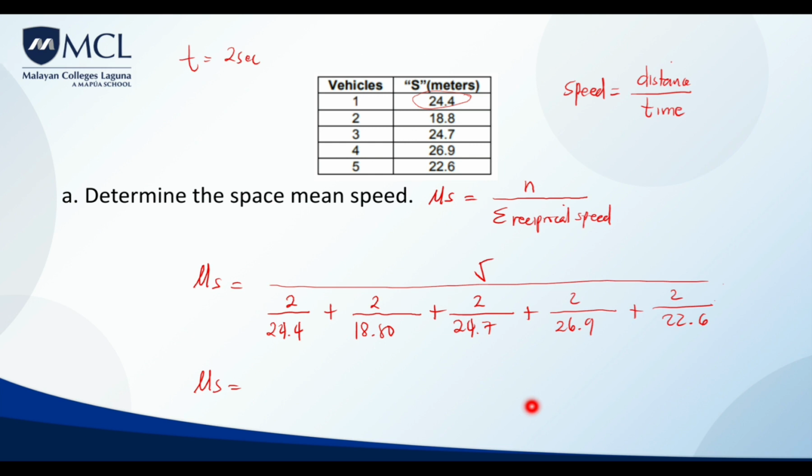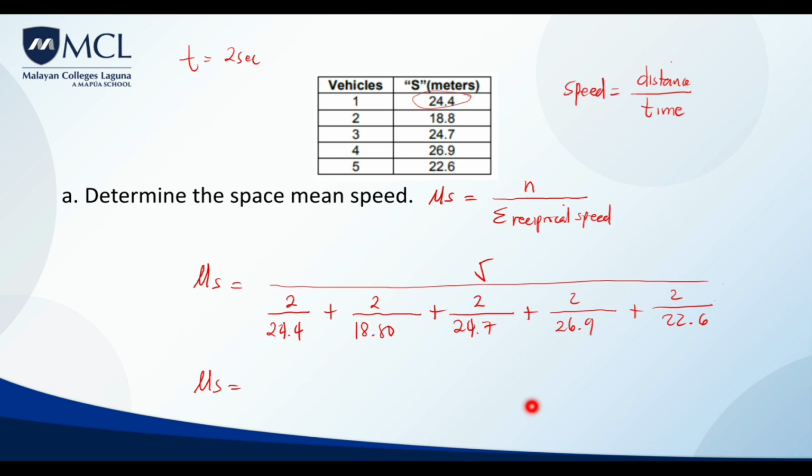That is 5 over 2 over 24.4 plus 2 over 18.8 plus 2 over 24.7 plus 2 over 26.9 plus 2 over 22.6.